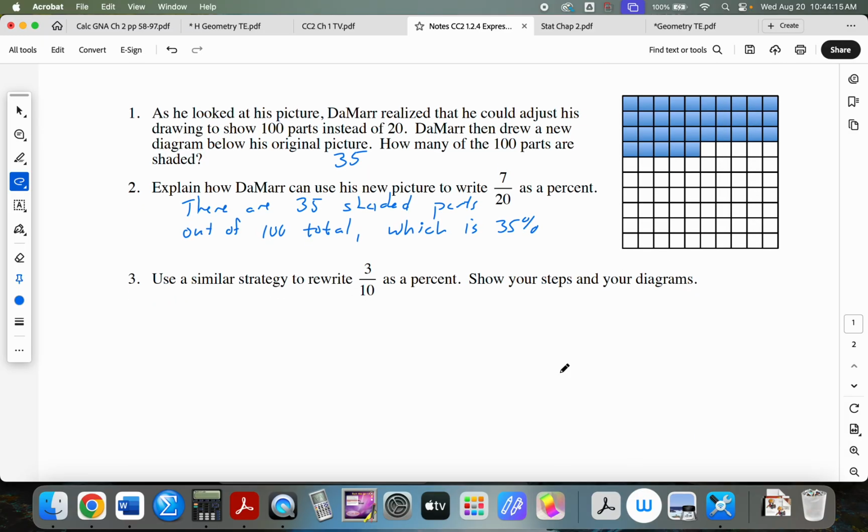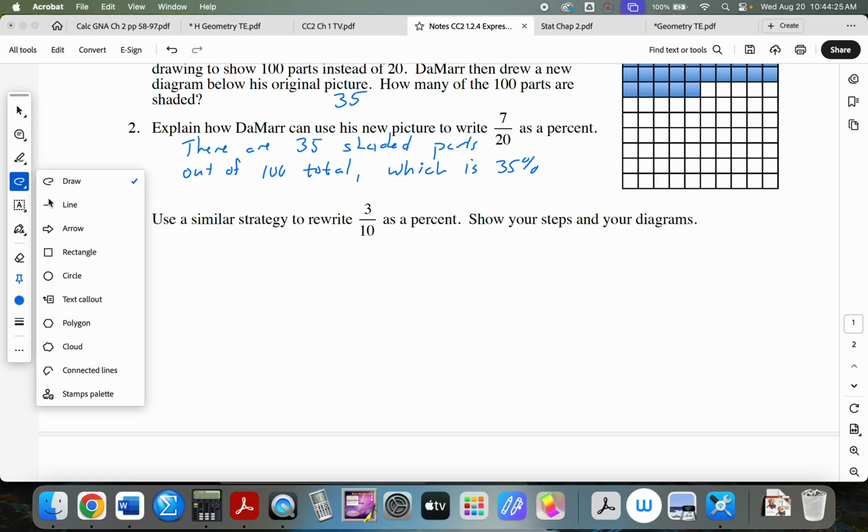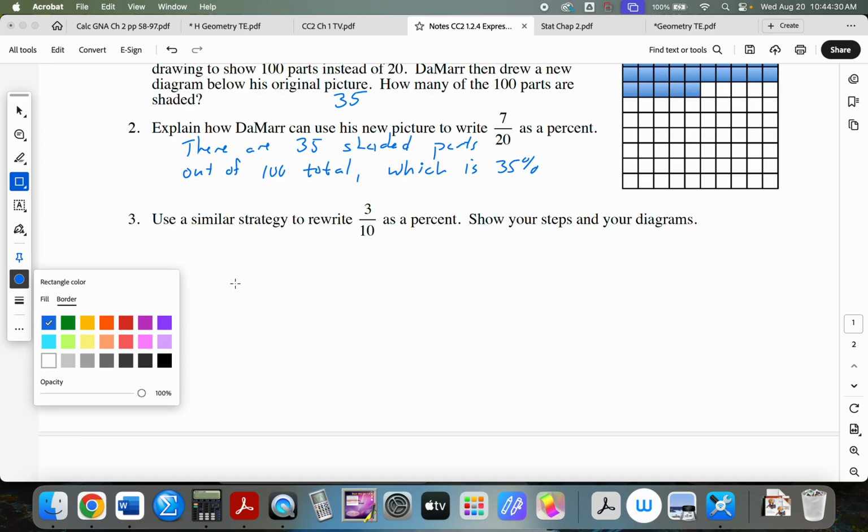All right, let's use a similar strategy to write 3 over 10 as a percent. We're going to start by drawing a rectangle. And actually, let's make it a square.